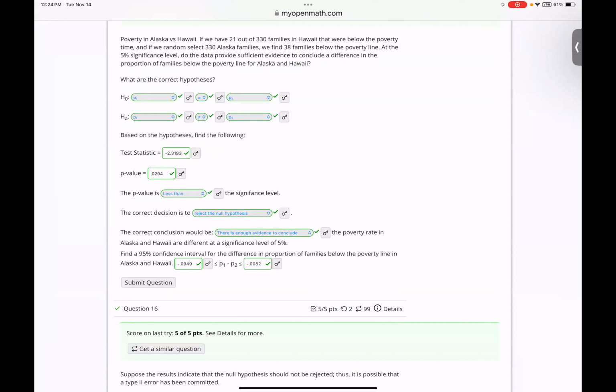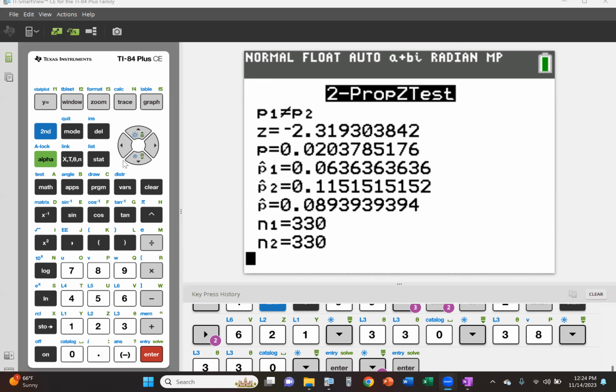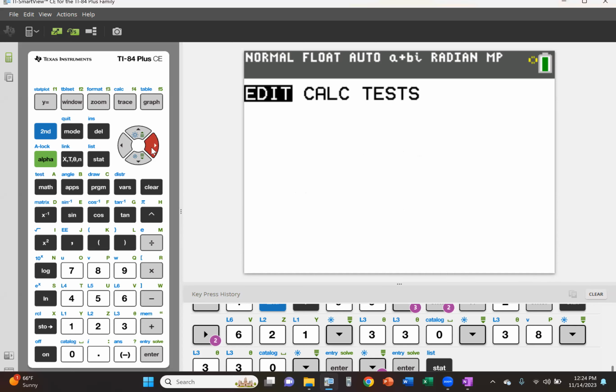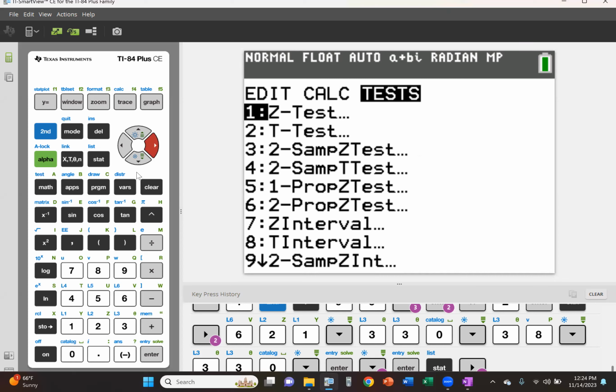Okay, so let's go find a 95% confidence interval for the difference in the proportions. So we're going to find a two proportion z interval. Stat, tests, 2 proportion Z interval.